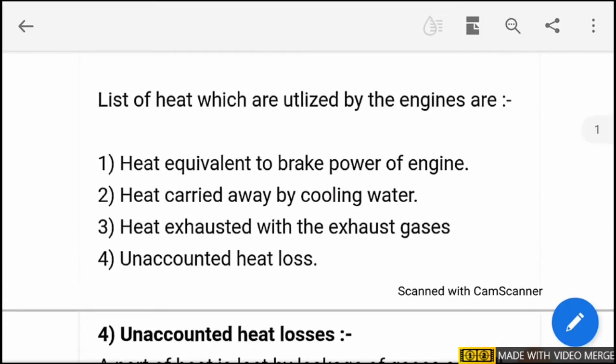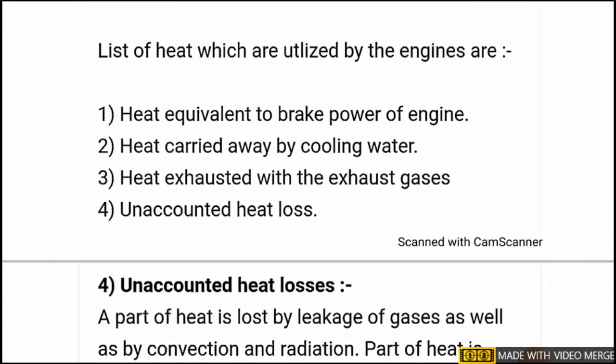Now once the heat has been supplied, what is happening to that heat? How much heat has been utilized from the supply of heat? The first one is the heat equivalent to brake power of the engine, meaning to generate some extent of power with respect to the crankshaft or the wheels, what we know as brake power.